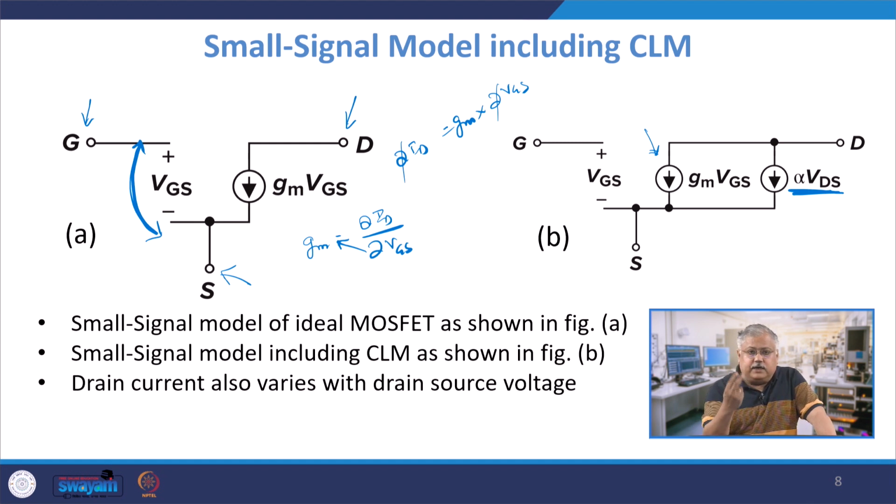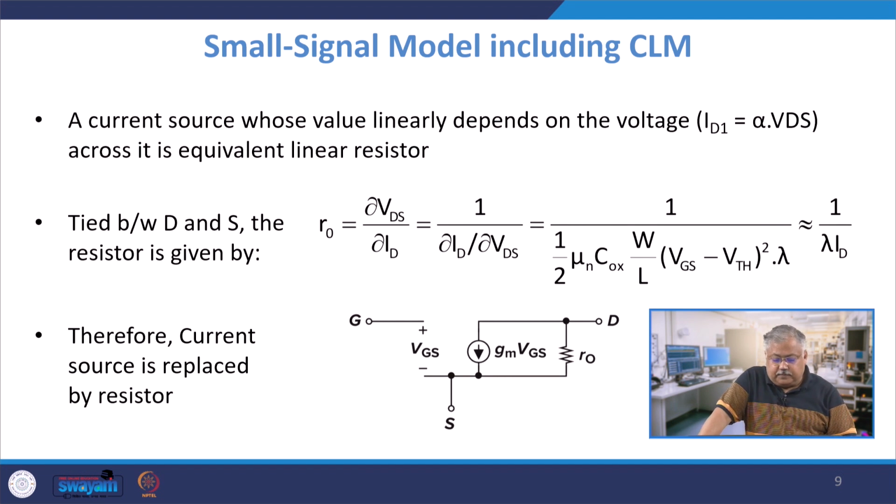So I have two components with CLM: one is GM times VGS, and another is alpha times VDS. You can take alpha to be any value here, or in fact lambda times VDS is also a good idea, where lambda is the channel length modulation parameter. So this is the small signal model including the channel length modulation effect.